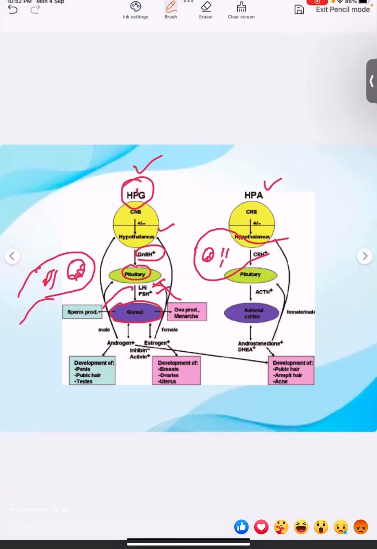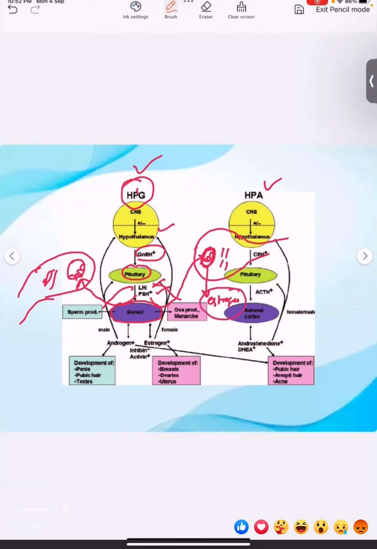See here, FSH is going to act on these follicles. In the male, it also acts on these follicles. What is it going to produce in the female? That is estrogen.